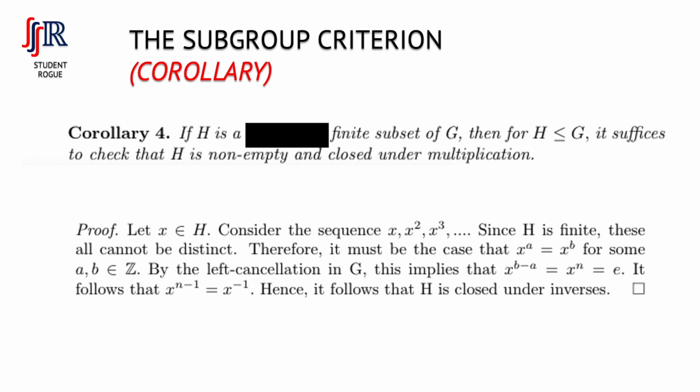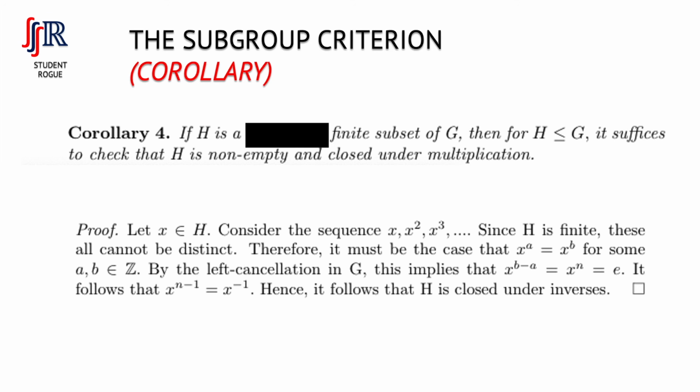And you might say, wait, why can't we only consider powers of X up to some power and ignore the others? Well, mind you that we're trying to prove that H is a subgroup, so all powers of any given element have to reside within H. That's where we're trying to get to. If H is to be a subgroup, then all powers of any element in H have to reside in H. So that's why.